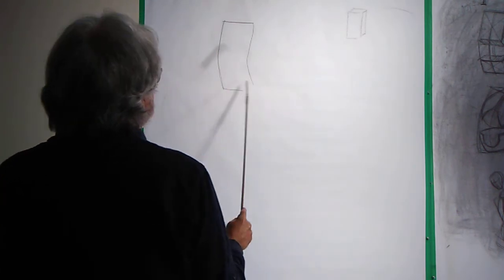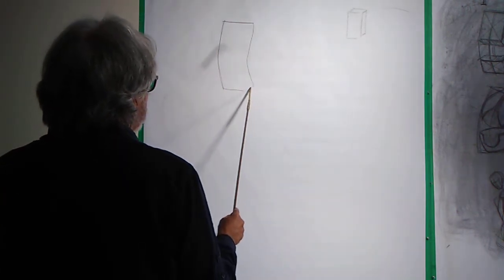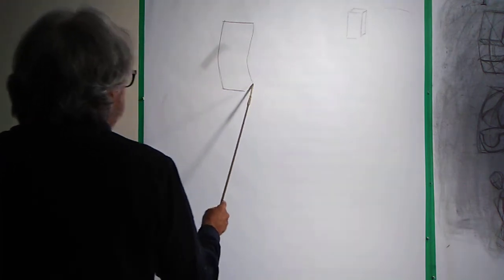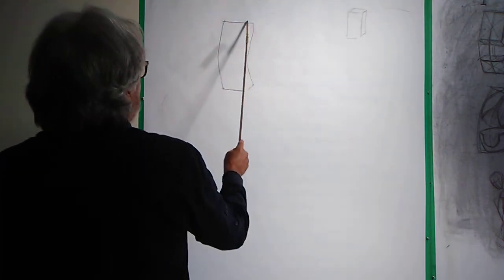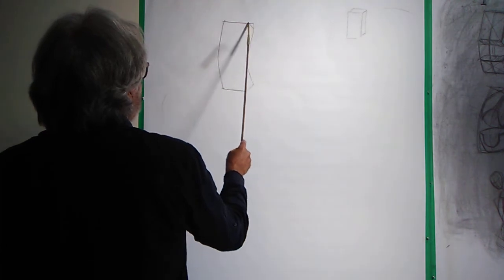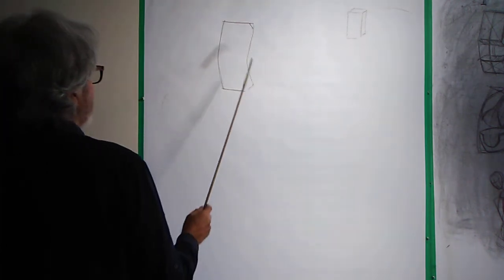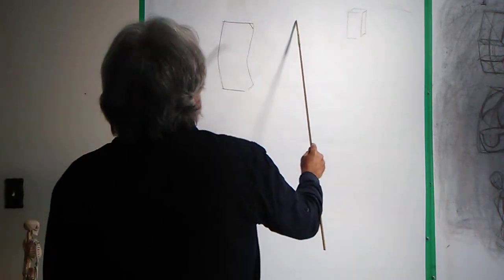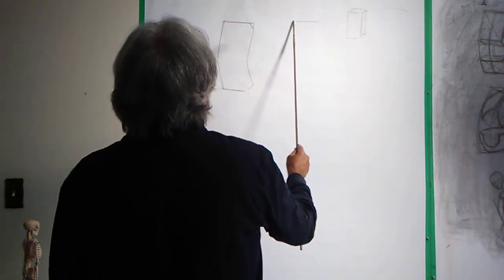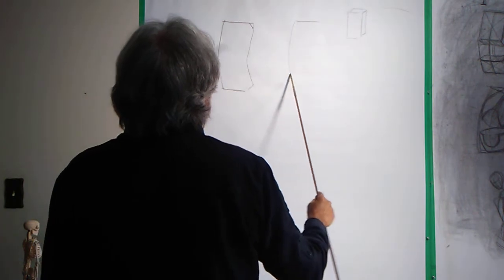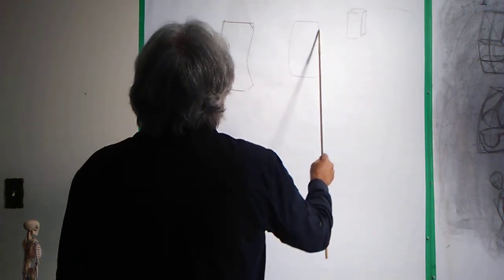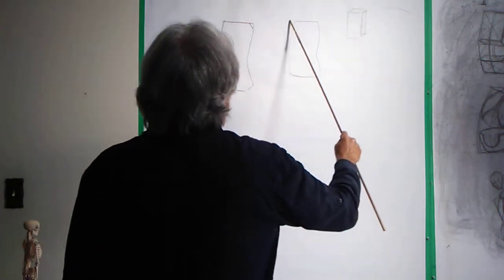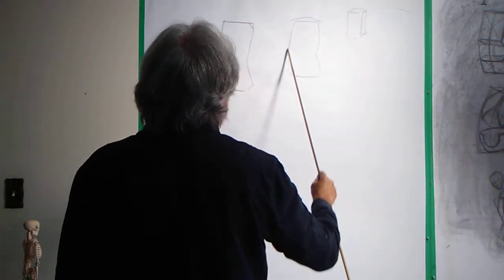I could begin to think of slight angles. I could go like this. So I could think of a little angle there, thinking there's where I want an angle, and here's where I want an angle. Ultimately, we'll start to set it up. So in other words, with a simple beanbag, we can just do something like this, and then know where this is, and then bring this around and bring this out, and you have a kind of a beanbag shape, especially if you have a curve up there.